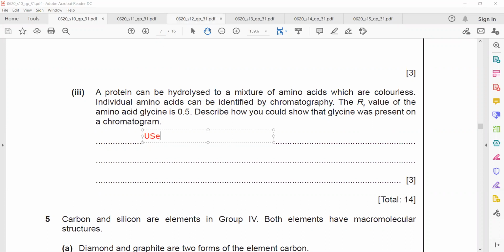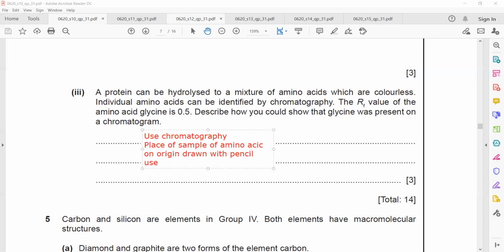So when we use chromatography, place the sample on the origin, drawn with pencil, then use a suitable solvent.